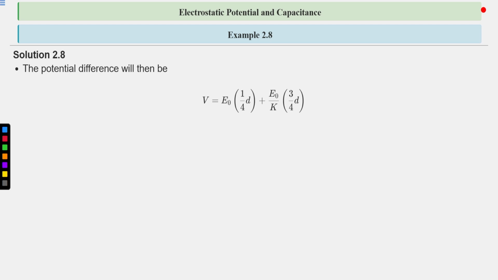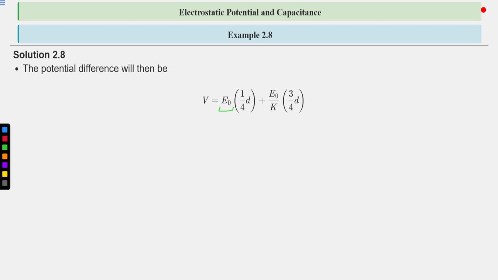The potential difference then will be, now come to that point: 3/4 D is the thickness of the dielectric. The other 1/4 D is without dielectric, there is vacuum only. So this E naught, present when there is no medium, is present in the 1/4 D of separation, that place between the plates where there is no dielectric.